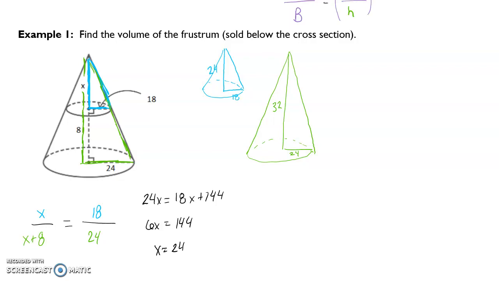I am asked to find the volume of the frustum, which is this part here. So if I can take the volume of the large cone, subtract the volume of the small cone, I get the volume of my frustum. Go ahead, press pause, and try to finish that part off.